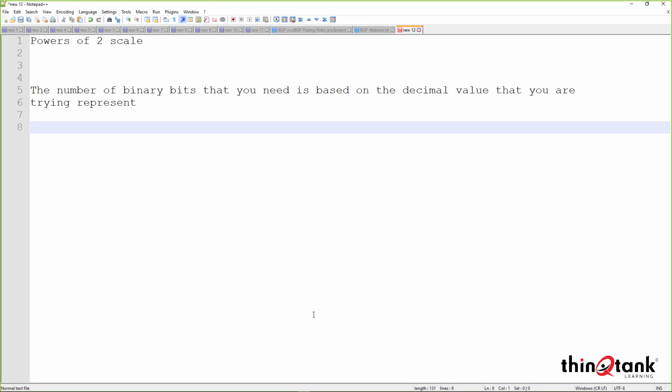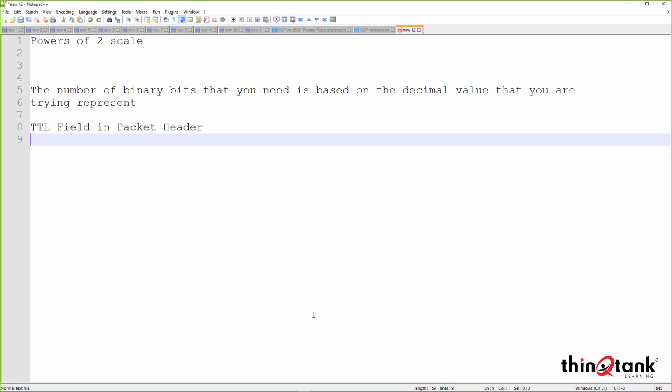So understanding the size of fields within the headers, understanding how many bits they represent, gives you a good indication of how that field can be utilized to represent whatever information it's trying to represent. So for example, a TTL field in a packet header is an 8-bit field. So that means mathematically 0 to 255.